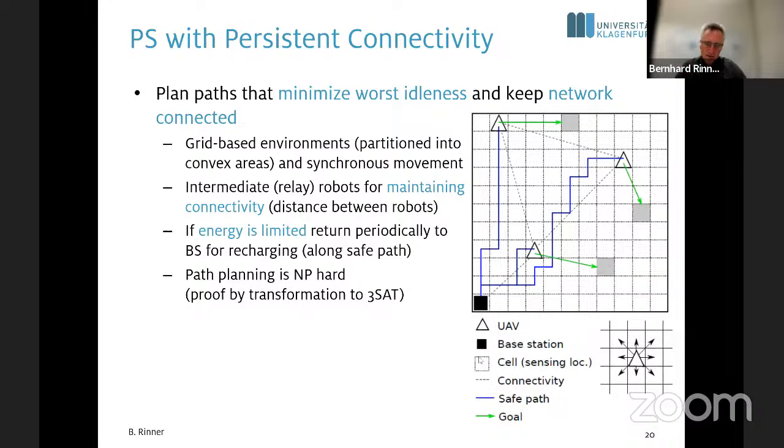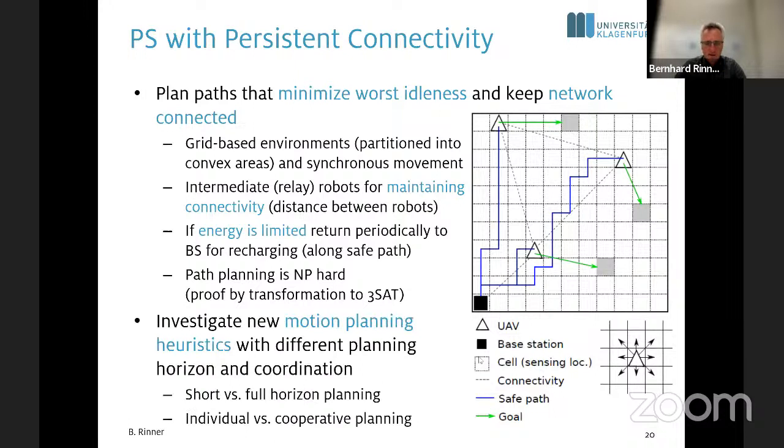And we want to maintain this movement in the environment such that there's always a path either directly to the base station or over some relay drones, so that the network is always connected. And a particular challenge is that since the energy of these drones is limited, we have to make sure that the agents periodically are able to move back to the base station to recharge the batteries and then start flying again. So this is a hard problem.